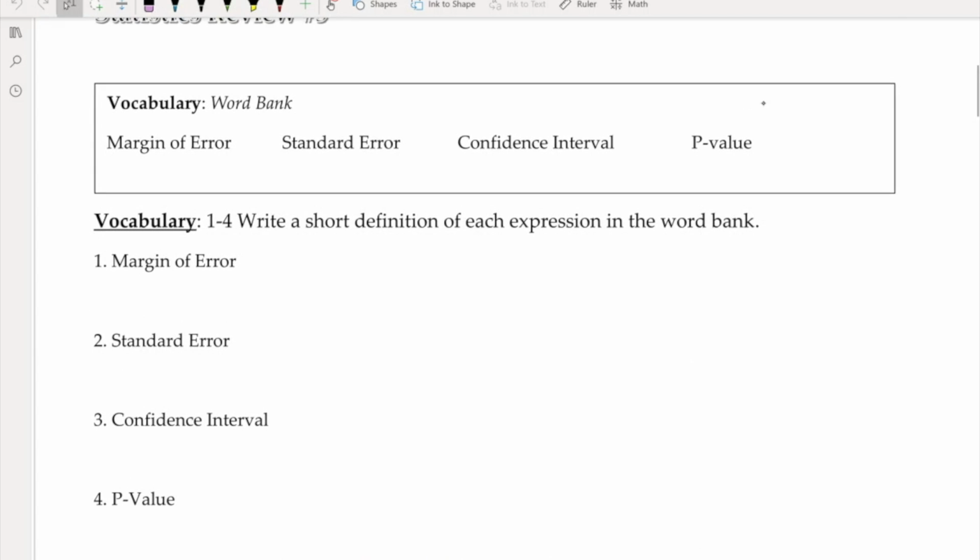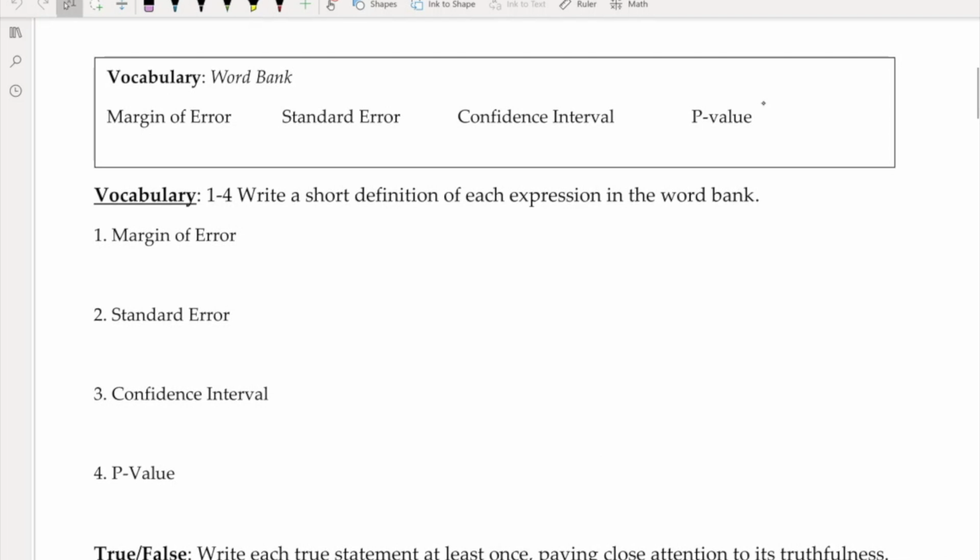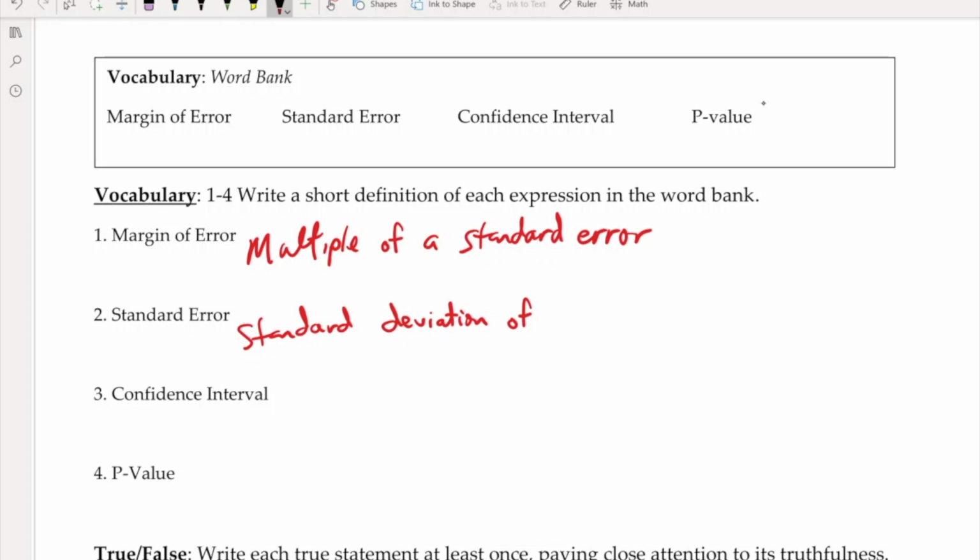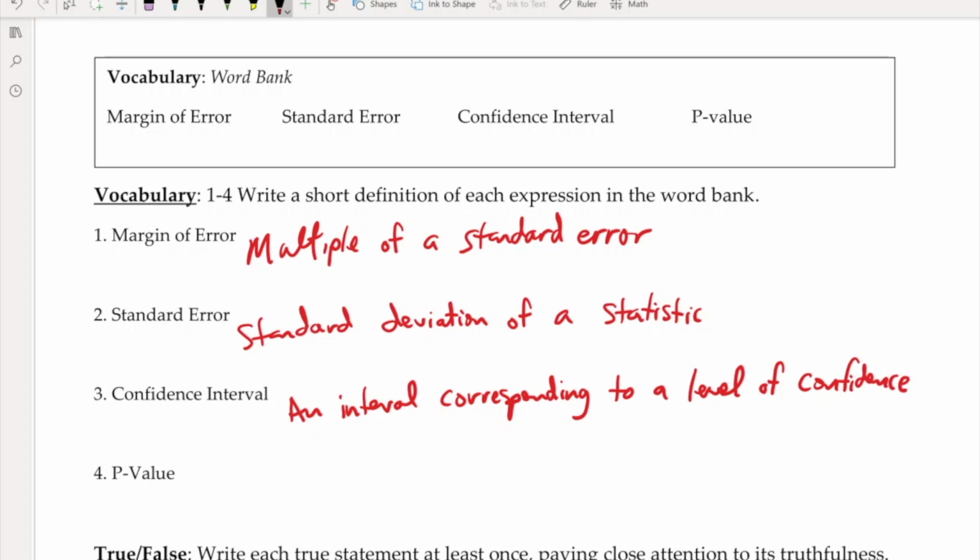First, we review vocabulary. The margin of error is something that is a multiple of a standard error. A standard error is the standard deviation of a statistic. A confidence interval is an interval corresponding to a level of confidence that captures a parameter.